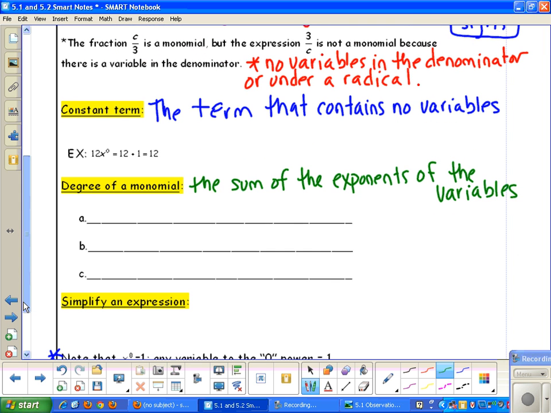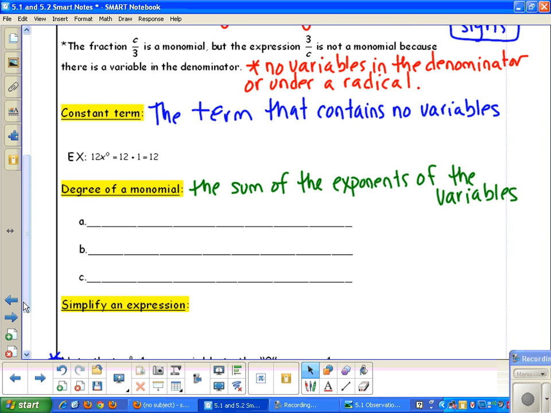So now if I give you some examples, like let's say we had 2/3 x, notice that there's only one variable here, and when the power is not written, that really means we have a power of 1. So the degree would be equal to 1, and again, that's because the exponent is 1.